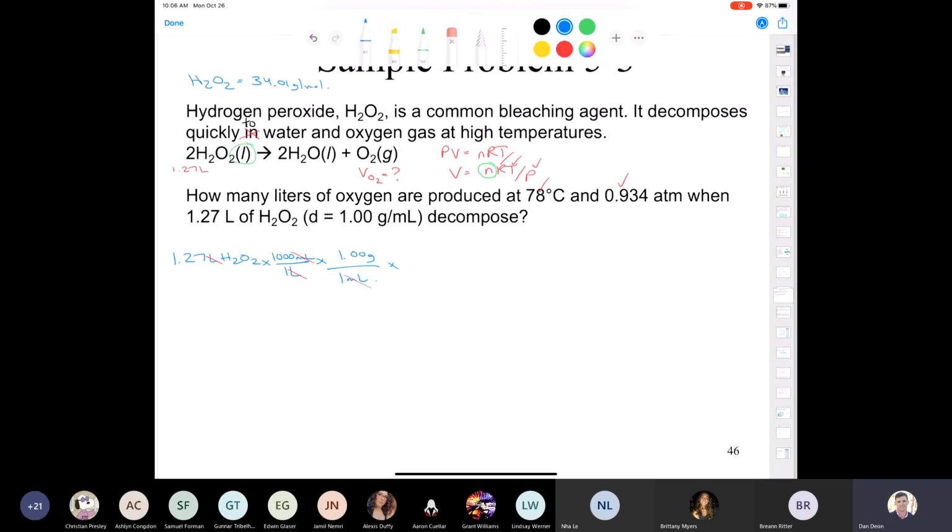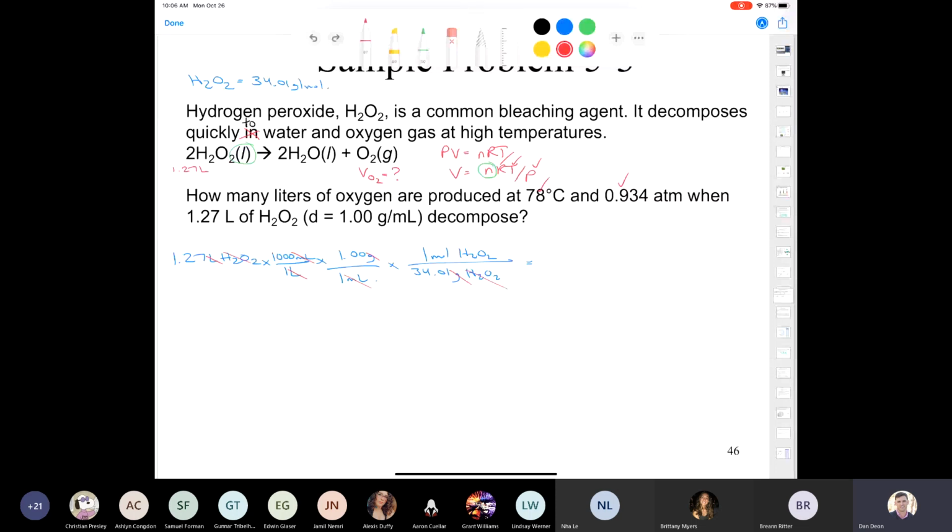So I can use that conversion factor: in 34.01 grams of H2O2, I have 1 mole of H2O2. Let's put all that together, and you see that grams cancel, H2O2 cancels, and I'm left over with moles of H2O2.